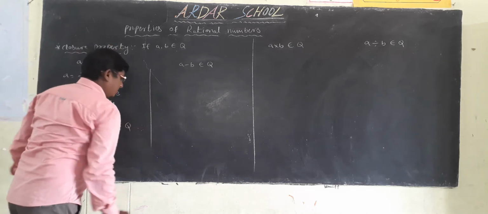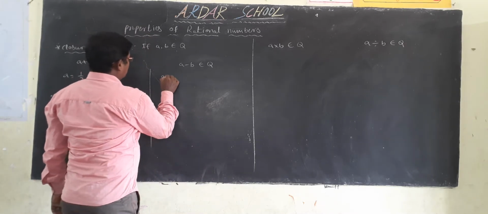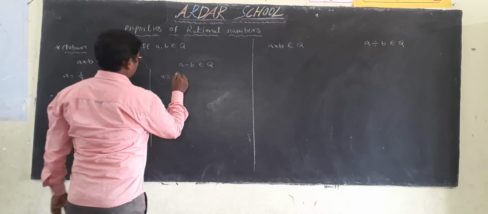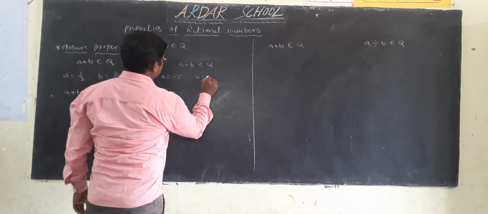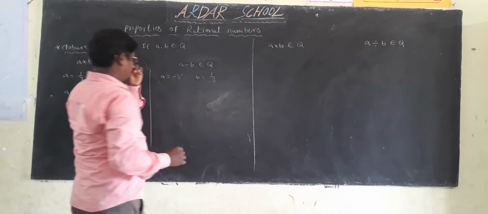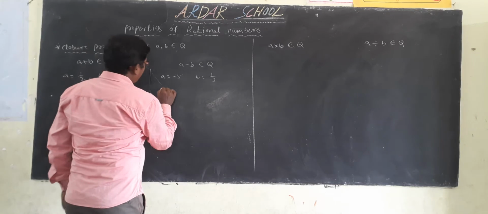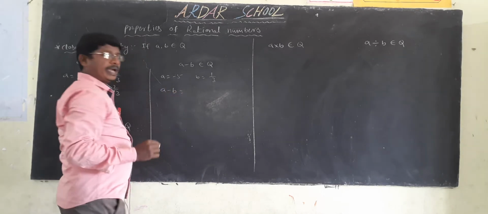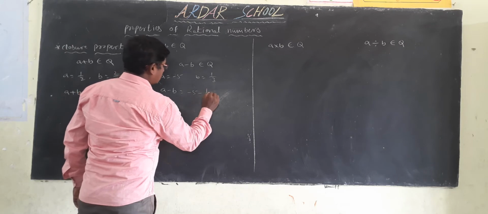Now we go to subtraction. Here a is equal to minus 5, b is equal to 1 by 3. So here a minus b is equal to minus 5 minus 1 by 3.